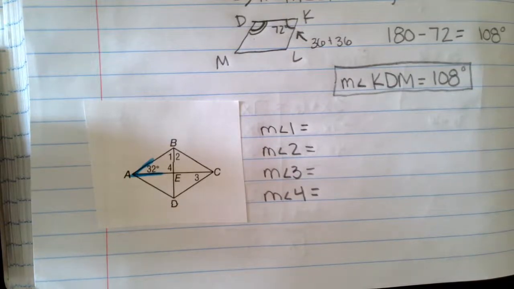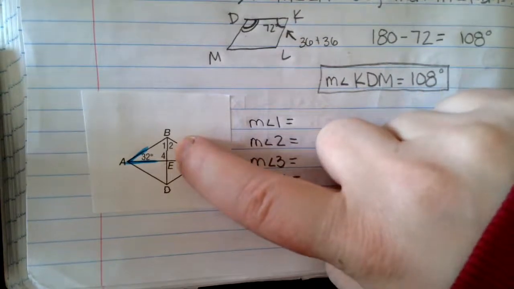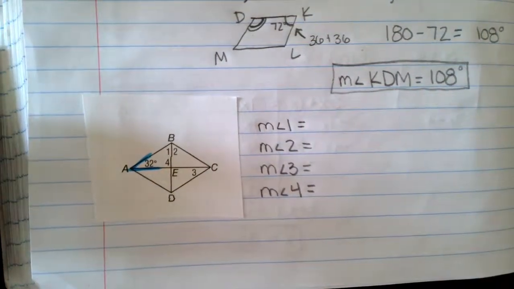So which one do you want to find next after knowing 32? Do you want to find angle 2? Could find 1. Is there any other ones that are a little bit easier right off the bat to know?